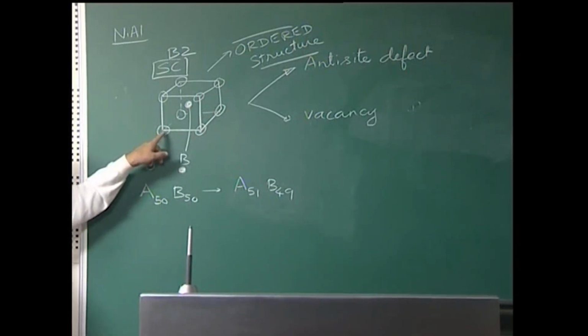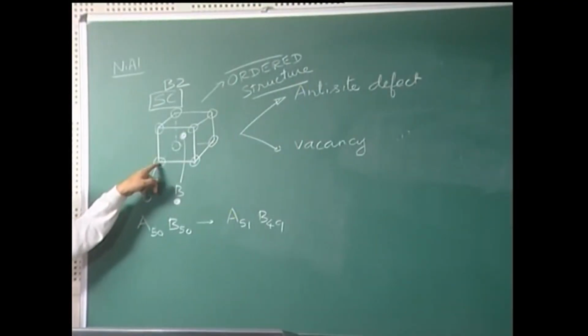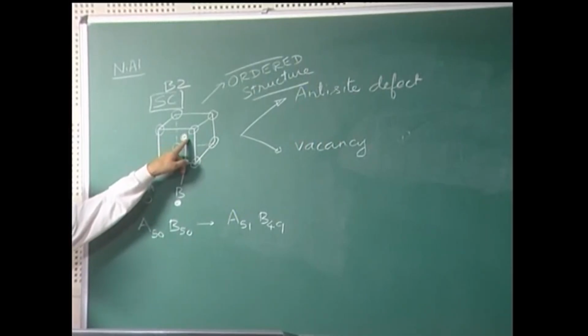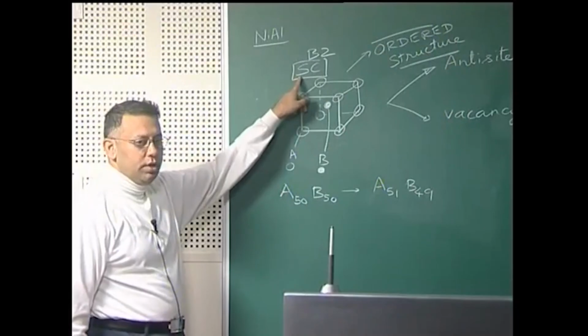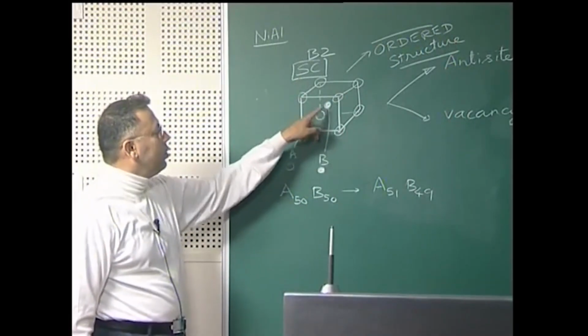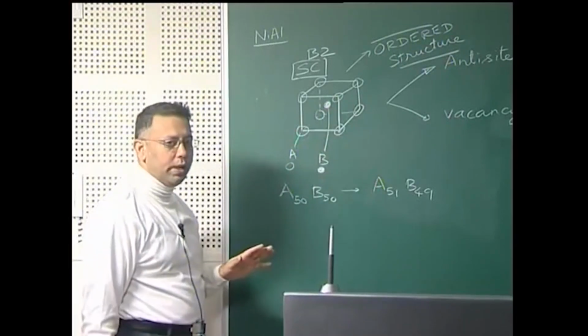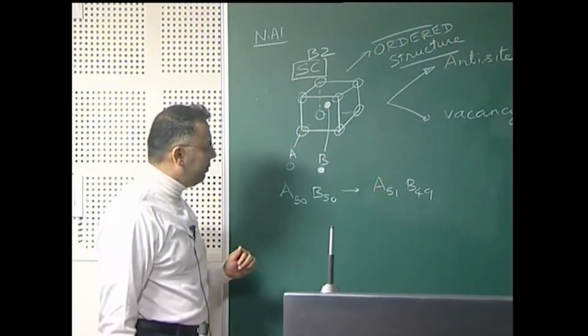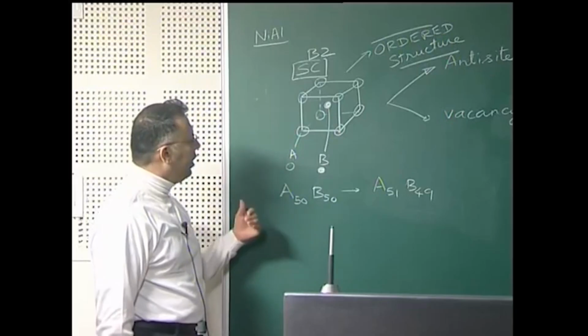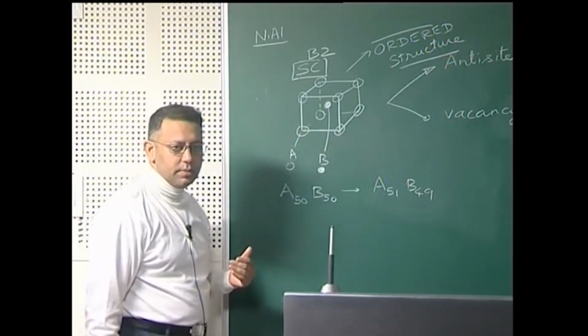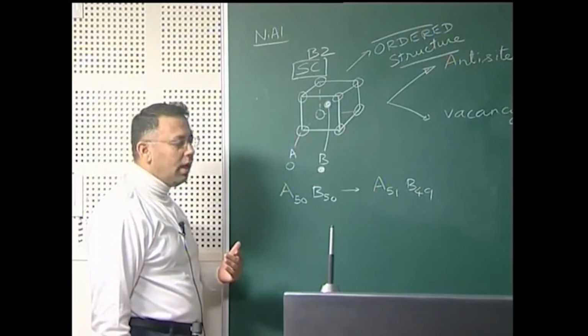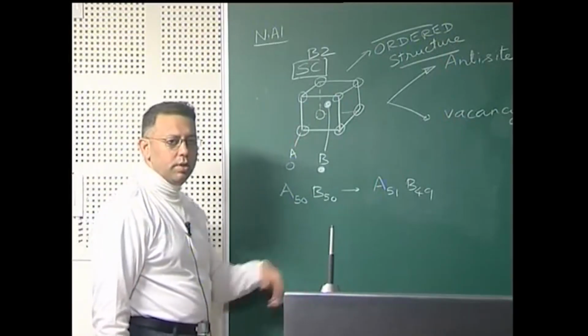One simple cubic sublattice has its origin at 0 0 0, another sublattice has its origin at half half half, and therefore this simple cubic superlattice can be thought of as having two sublattices, one completely occupied by A, another completely occupied by B. Now, if I start putting A atoms in the B sublattice, then I can make this composition A rich.